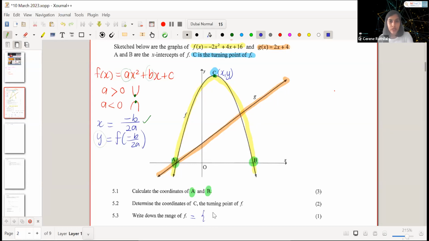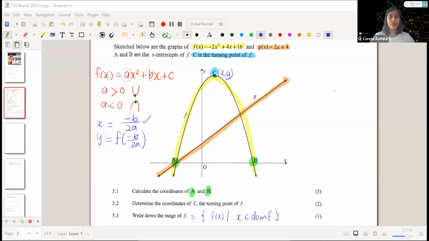It is the collection of all the f of x's such that x was an element of the domain of f, right? So considering all of the values from the domain of the function, what are the y values that this parabola, the yellow graph, is allowed to attain? What do you think that range is?